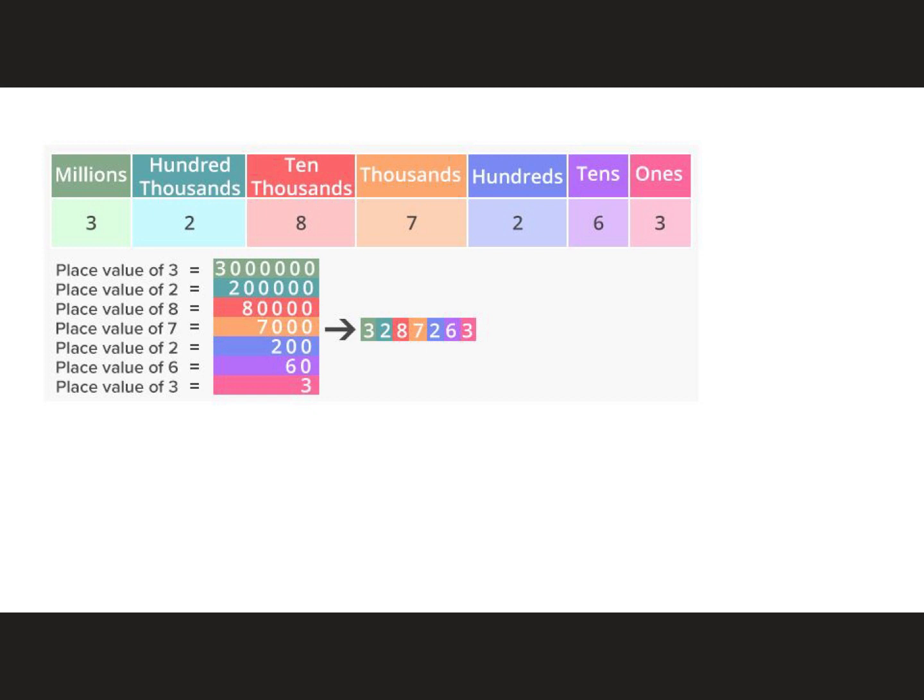So when we talk about place value, we have something called a place value chart. It's a very effective tool for telling the place value positions of numbers and trying to understand the value of each place.